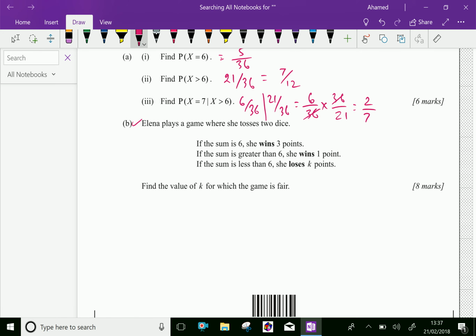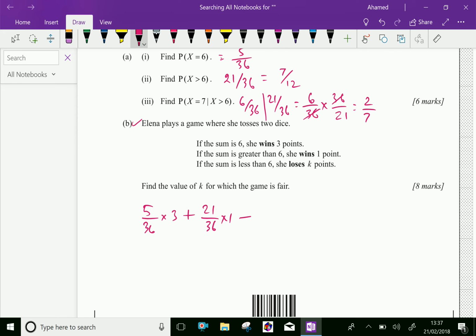Here, the sum is 6 has probability 5 over 36, and she scores 3. The sum greater than 6 is 21 over 36, she gets 1 point.